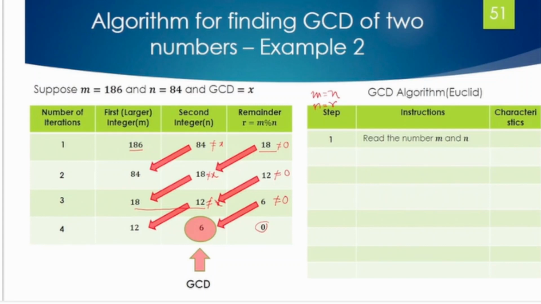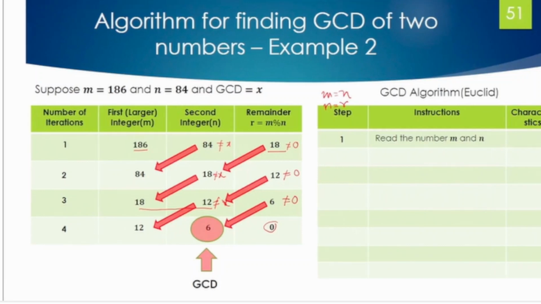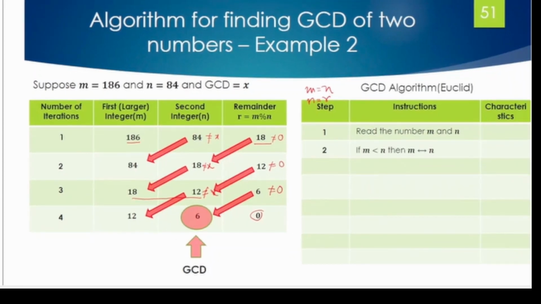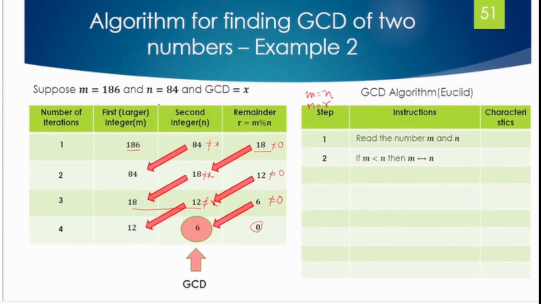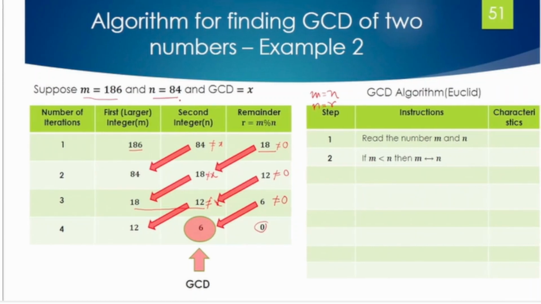Step 1, read the numbers m and n. Then if m is less than n, what this means is we are swapping the numbers m and n. Why are we doing it? Because the assumption in this algorithm is that m is always the larger one and n is the smaller one.